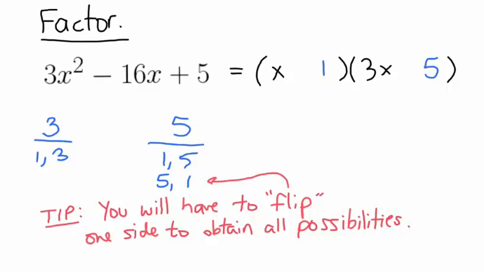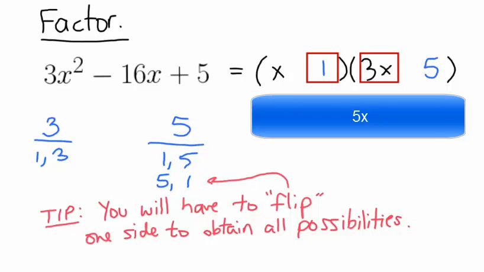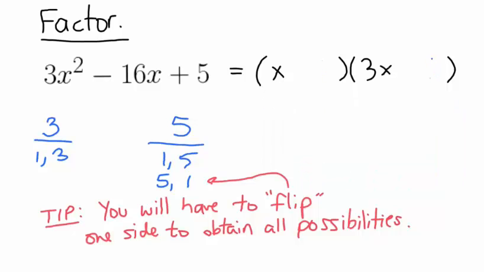Notice that our two outer terms in the binomial factor, x and 5, are going to give us 5x, and then the inner two terms, 1 and 3x, are going to give us 3x. The sum or difference of these two terms is going to give us 8x or 2x, which is not 16. So that means that 1 and 5 mustn't be the pair that we need.